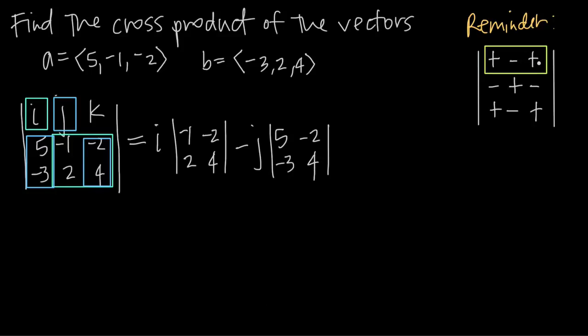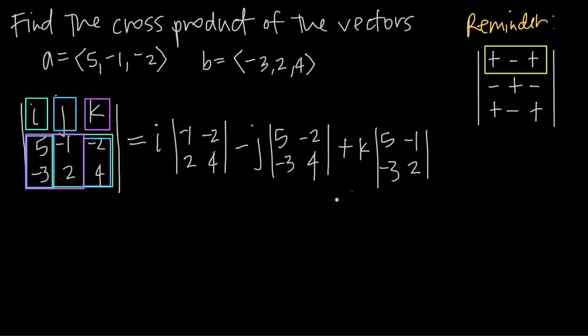And then here we can see that K is going to be positive, so we say positive K, and we multiply that by the 2 by 2 matrix that we find when we take everything outside of the same row and column as K. So we take K here, and everything outside of the same row and column as K is this group right here. So in that case, we'll transfer it in exactly that same configuration, 5, -1, -3, and 2.